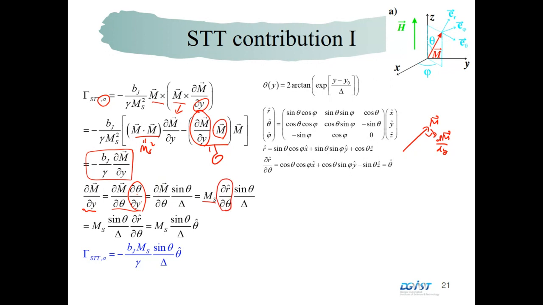So we have ∂r hat/∂ζ, and ∂r hat/∂ζ is here, and we have a zeta hat. So we can replace this with zeta hat. So finally, we can obtain the adiabatic spin transfer torque in this form.